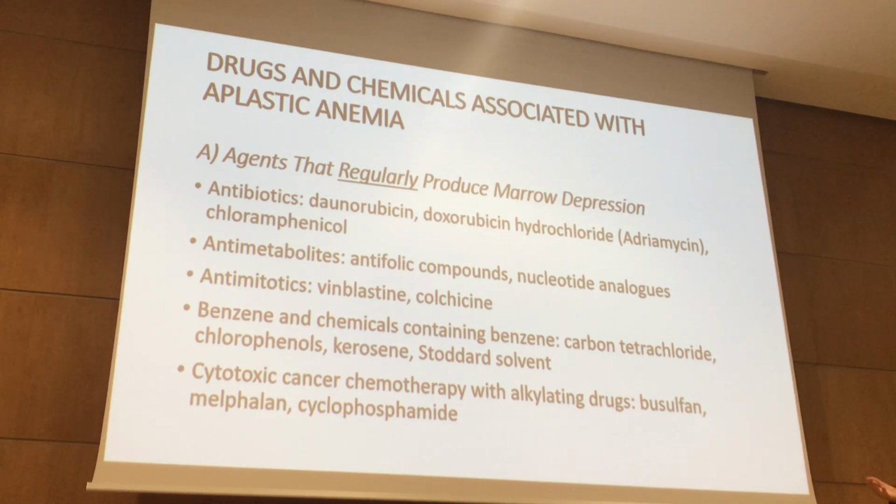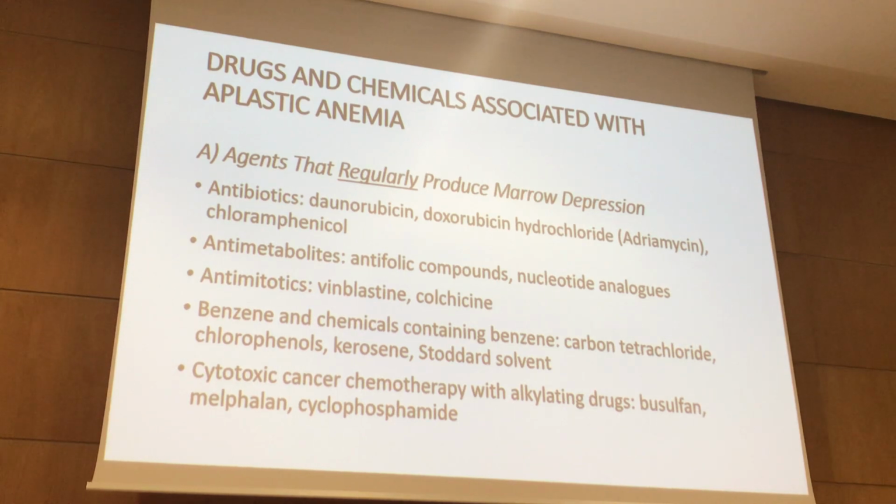Although chloramphenicol is rarely used today, you should still keep it in mind. But even agents such as daunorubicin and doxorubicin, although they are antibiotics by chemical structure, are used as chemotherapeutic agents. So the way of action is almost the same.